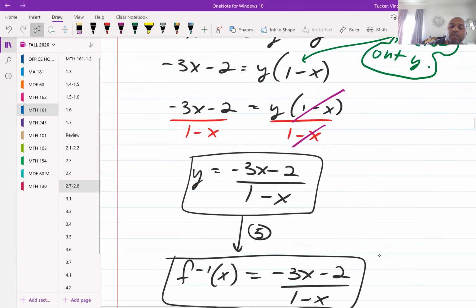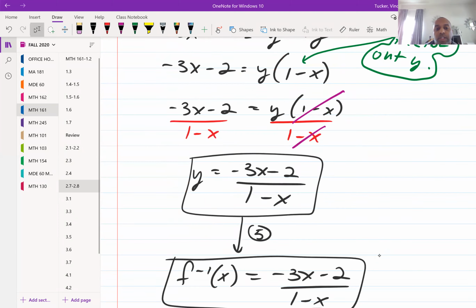And then to finish it off, step 5 is to take f inverse of x and plug it in for y. That's what we did in our last step. Questions? Any questions?